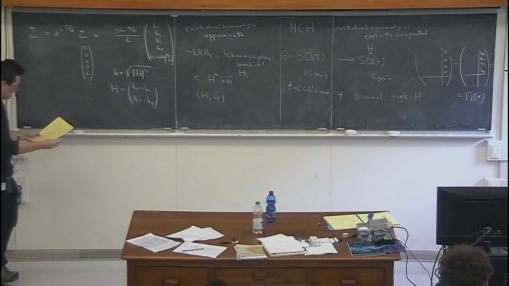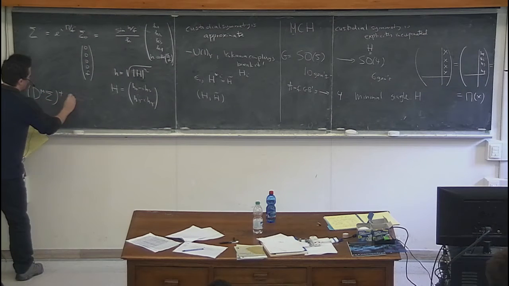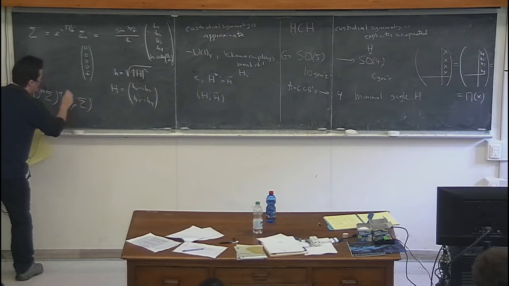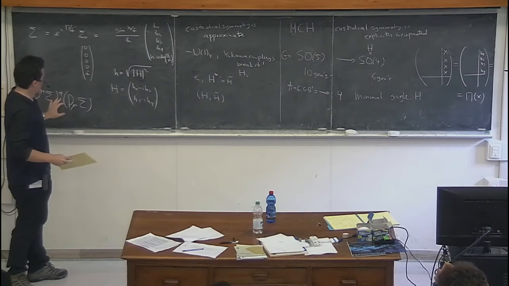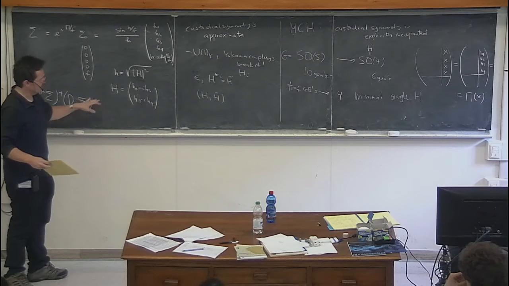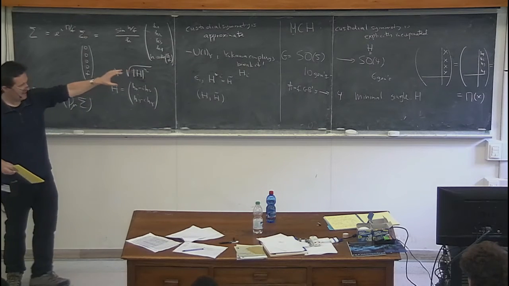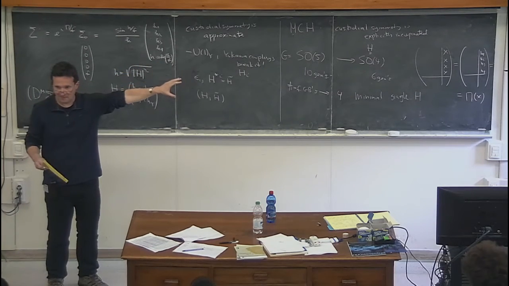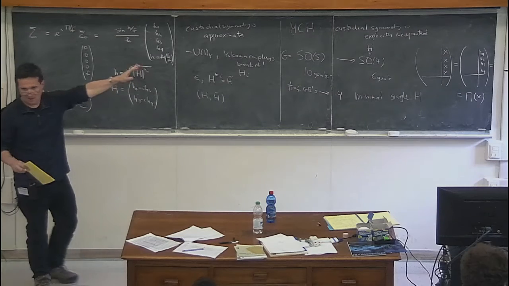And now you can start asking the question, what are the interactions with the gauge fields? Well, we know the recipe again is the same story. I know where the standard model is embedded in here, because the standard model is embedded into the SU(2) left subgroup of the unbroken SO(4), and then hypercharge is embedded into T3 right.